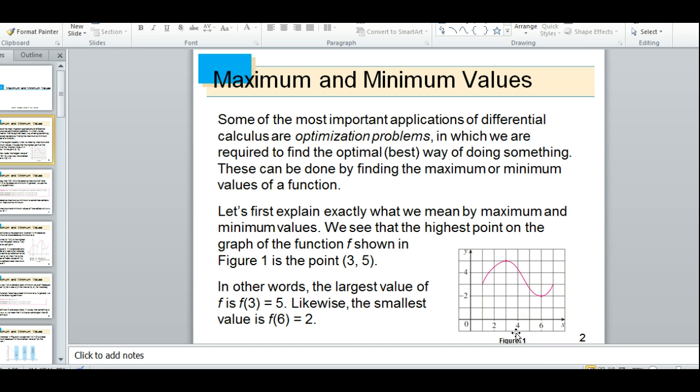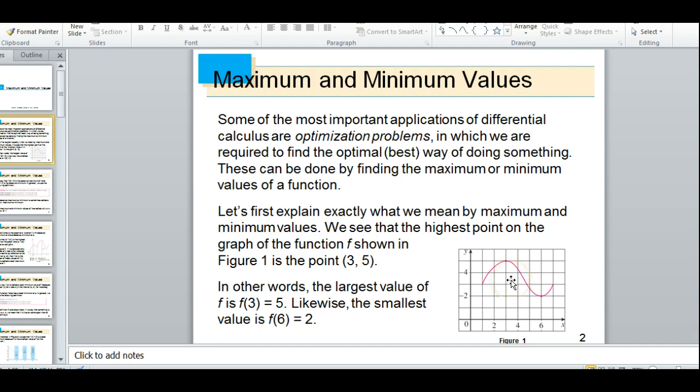So where do you appreciate a high point, or the largest value on this function? And you can see that it happens right here. That happens to be the highest point. Even if we didn't have any coordinates, we know that that's the highest point. So where does it occur? You would say it occurs at x equals 3.